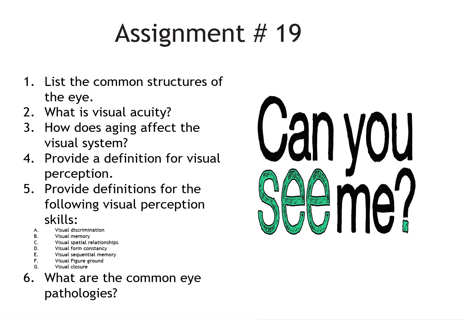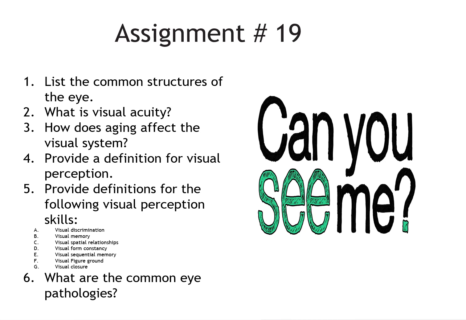We have reached the end of today's lecture, and for assignment number 19, I'd like for you to answer the following questions. This is not going to be essay form, you're just answering the questions in block style. List the common structures of the eye. What is visual acuity? How does aging affect the visual system?